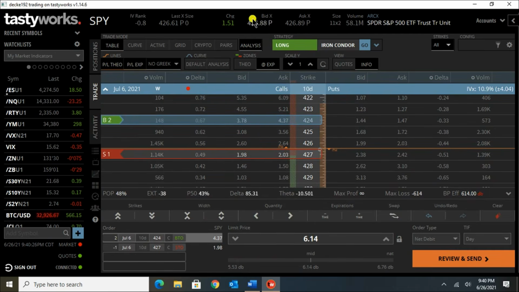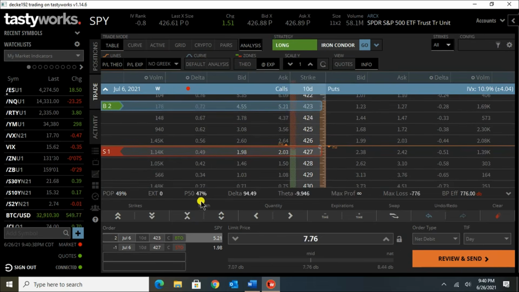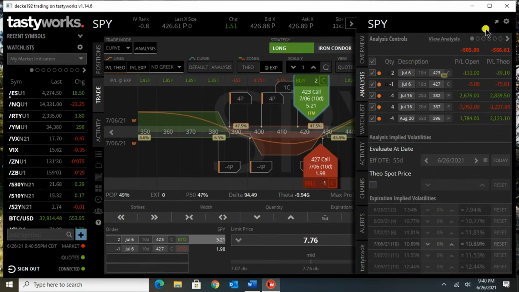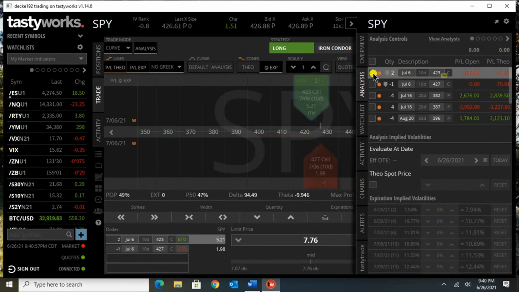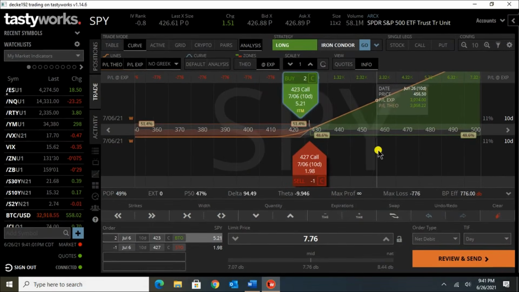SPY closed about 426.88 in the aftermarket on Friday, so I'm going to use the 427, and I'm going to move these in the money calls until the extrinsic value here goes to zero. You can see that the buying power for this trade is 776. That's my max loss. We can go into the curve mode here, and if I turn off all my other trades, here's that zebra setup that I had before.